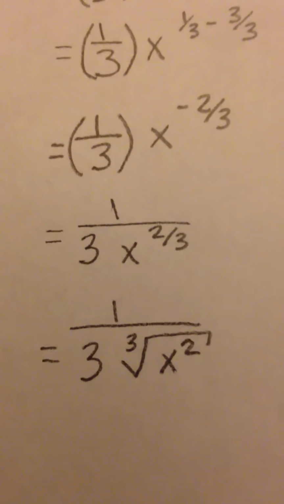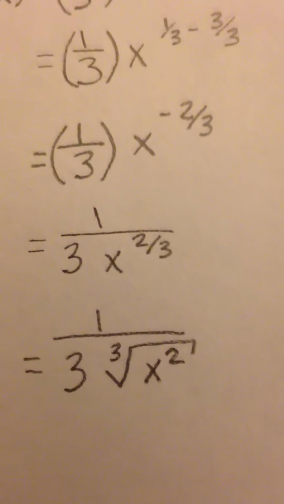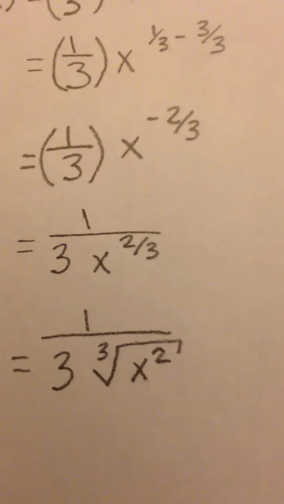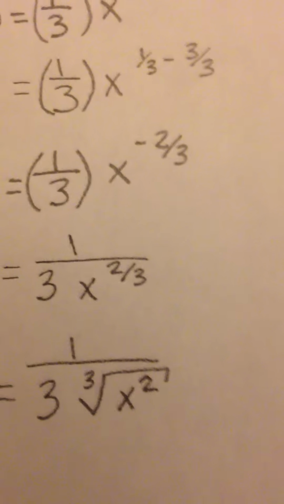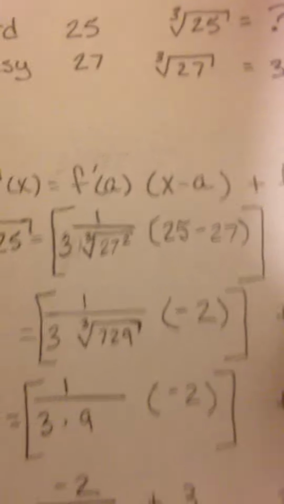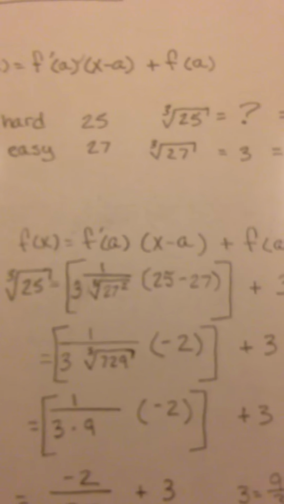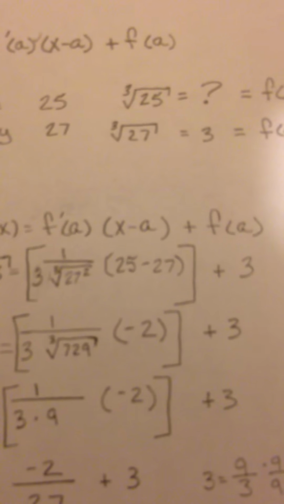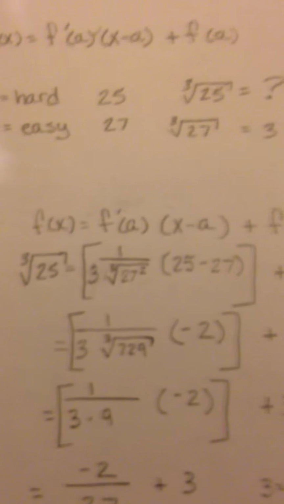Alright, so now we should have all of our pieces of information, our f of x, our f prime, and our x and a. Okay, so then you come over here, based off the equation, f of x equals f prime of a times x minus a plus f of a, and just start plugging everything in.